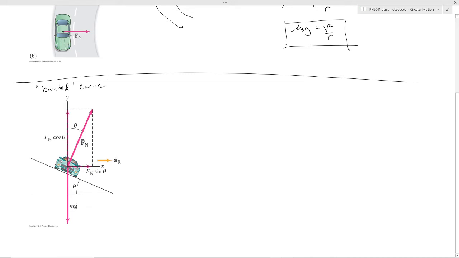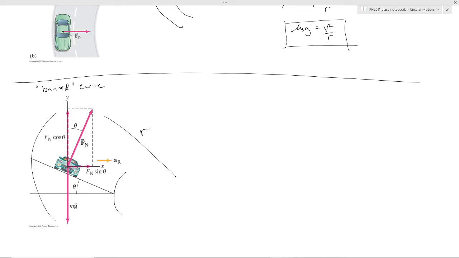And what this allows for is that a component of the normal force is directed towards the center of the circle. So think of this as a circle as well, with some radius here. And that component can provide centripetal acceleration.